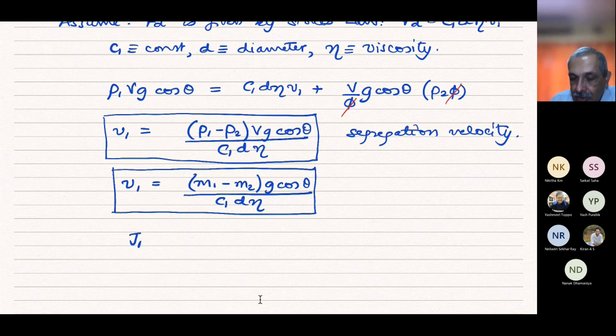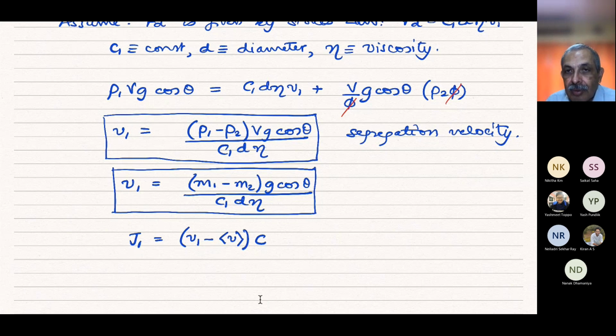Then this should simply be equal to the segregation velocity V1 minus the mean velocity times the concentration of the particle. So this is the segregation flux.